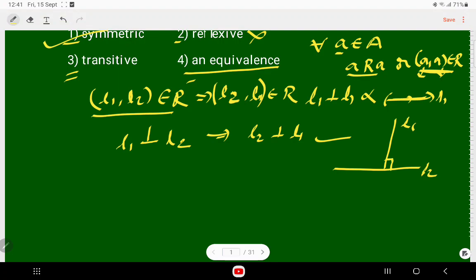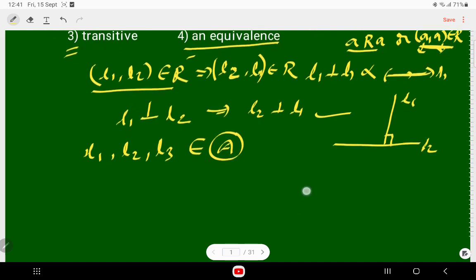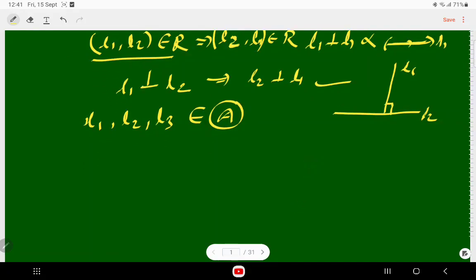Is it transitive? What is the definition of transitive? Transitive means we must have three elements. We take any three elements L1, L2, L3 in set A. Here the set is the set of straight lines, and these are the elements in the set.